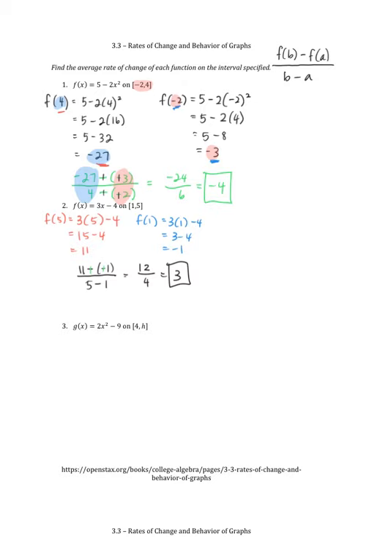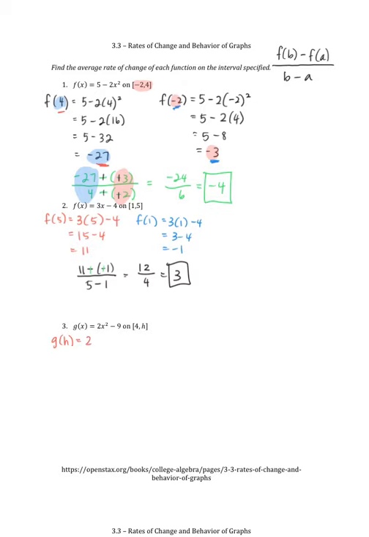All right, so let's look at number 3. So for number 3, we're going to do the same thing. Notice here I have an h, so I don't have two numbers. So if I'm using a variable, I'm probably going to end up with some expression at the end rather than just a number. So I'm going to find g of h.